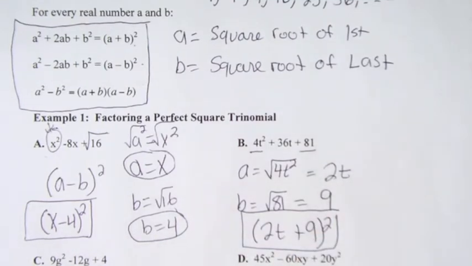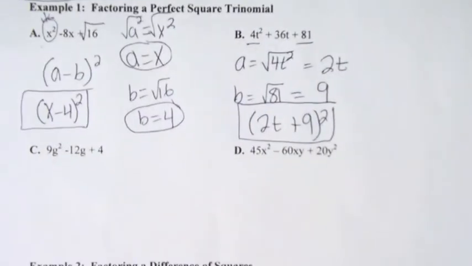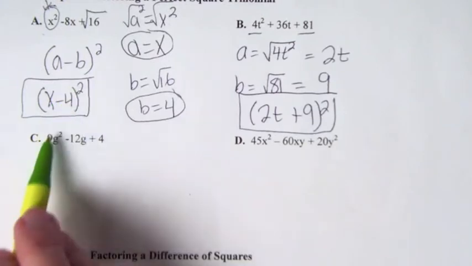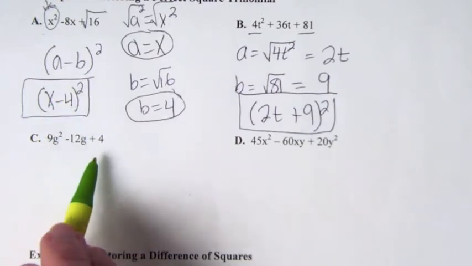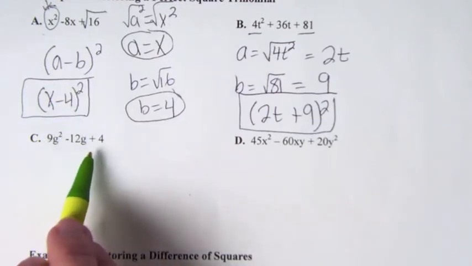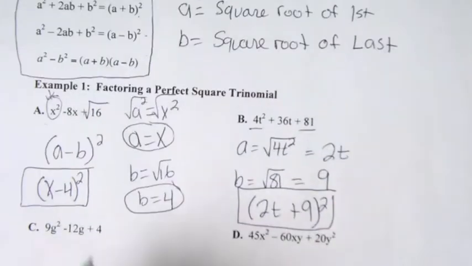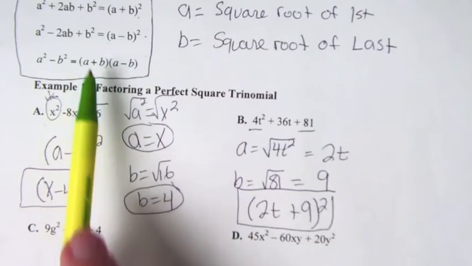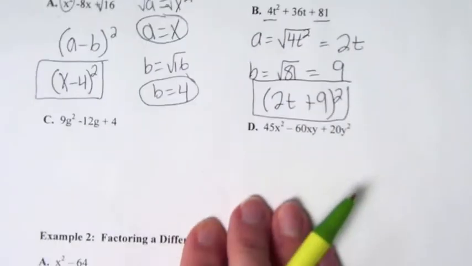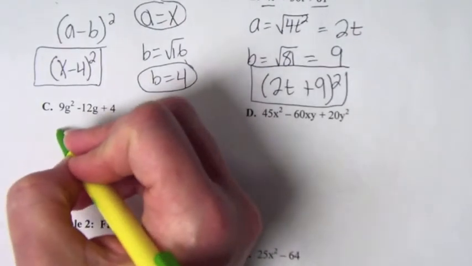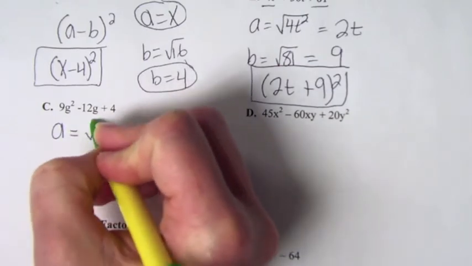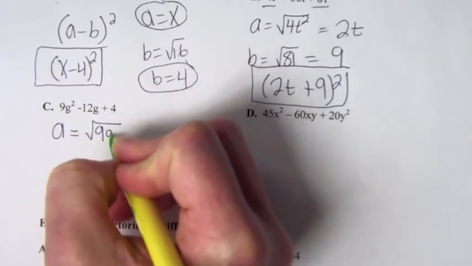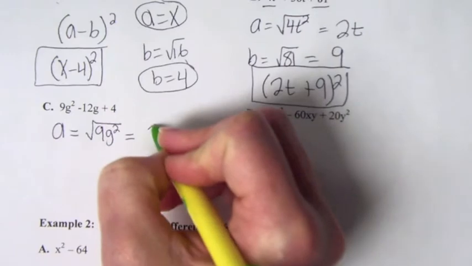So a lot of this is recognizing your perfect squares. Letter C. We have 9g squared minus 12g plus 4. We have a minus and a plus in this one, and there's 3 terms. So the only one that fits is this middle one, minus, plus. So then what we do is we want to find a. So a is going to be the square root of your first term, 9g squared, which gives you 3g.